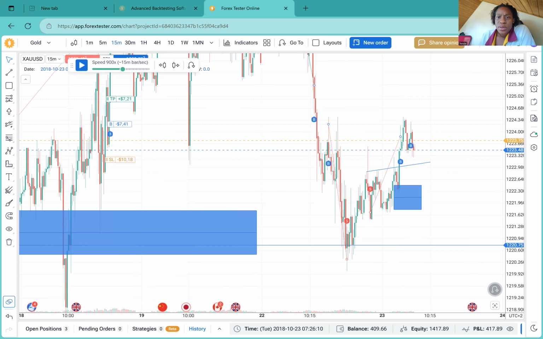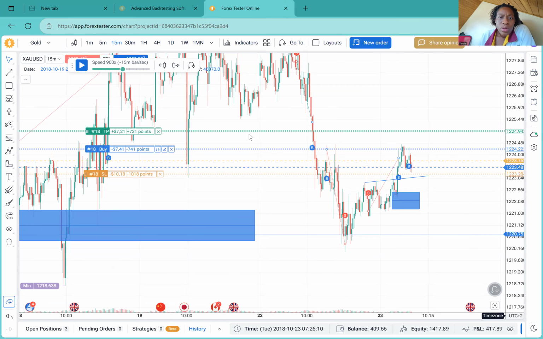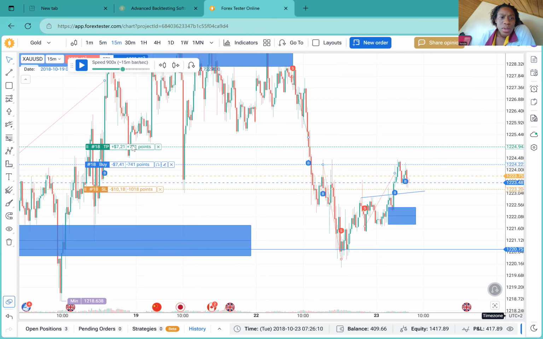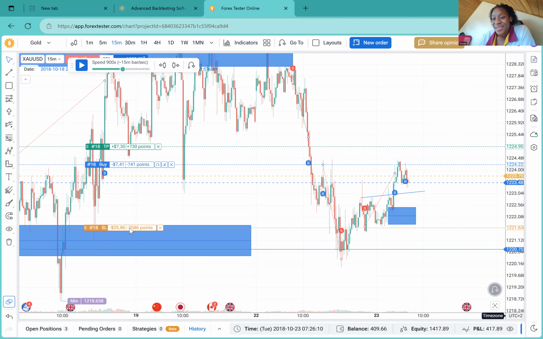So just interesting to see what we targeted our TP with. Okay. So we've targeted it against those. Then our stop loss. And stop loss should be... The price is still allowed to come down to test. Our stop loss should be here.